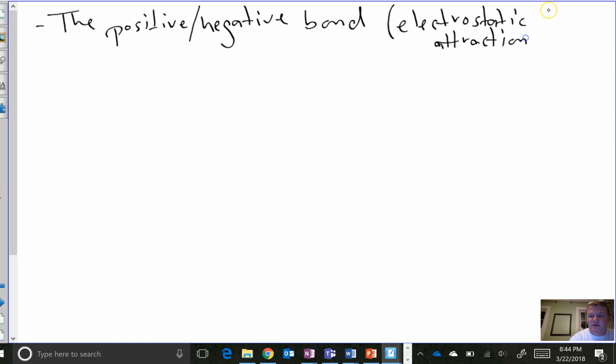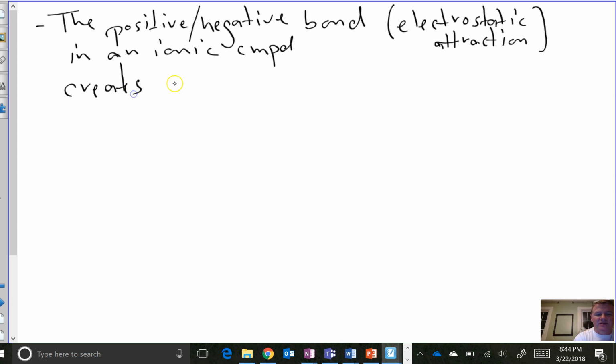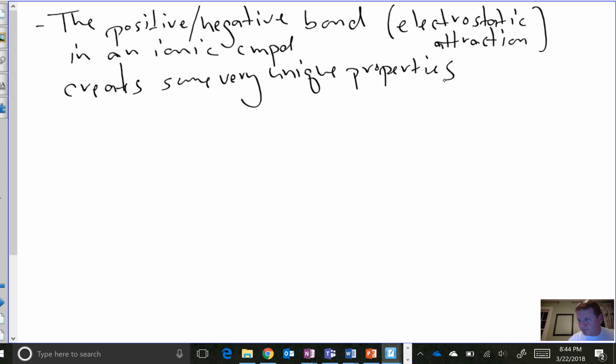If my handwriting is worse than usual, forgive me, because I'm trying to write straight up on the screen and it takes some getting used to. So the positive-negative bond, the electrostatic attraction in an ionic compound, creates some very unique properties. That's what we're going to talk about today, those unique properties created.